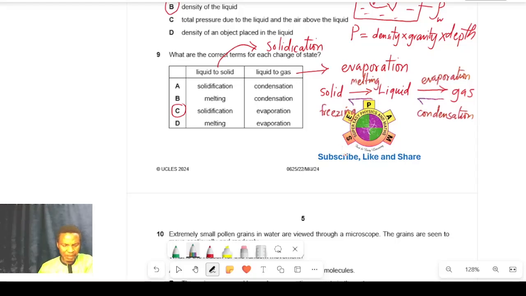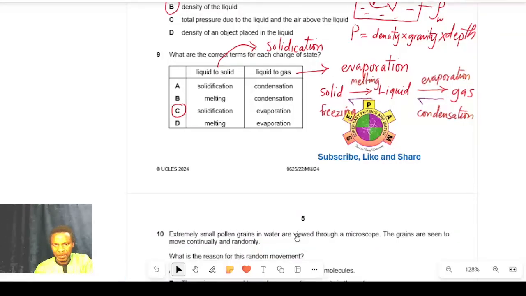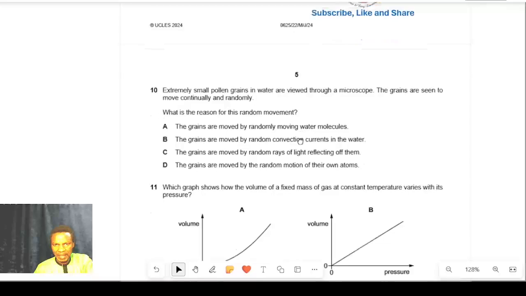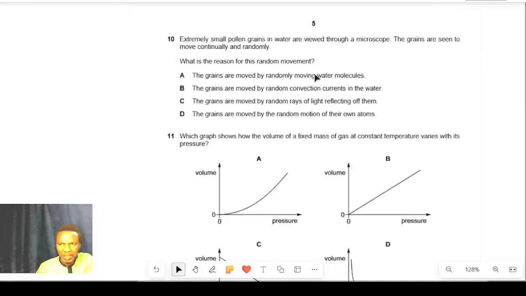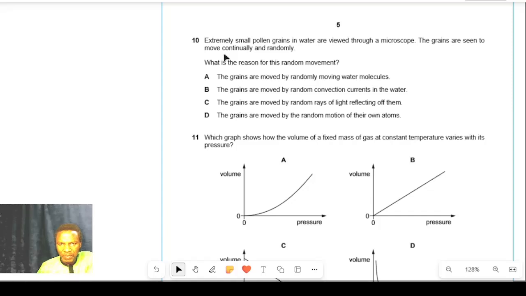So you have that. Okay, so let's look at question number 10. Extremely small pollen grains in water are viewed through a microscope.